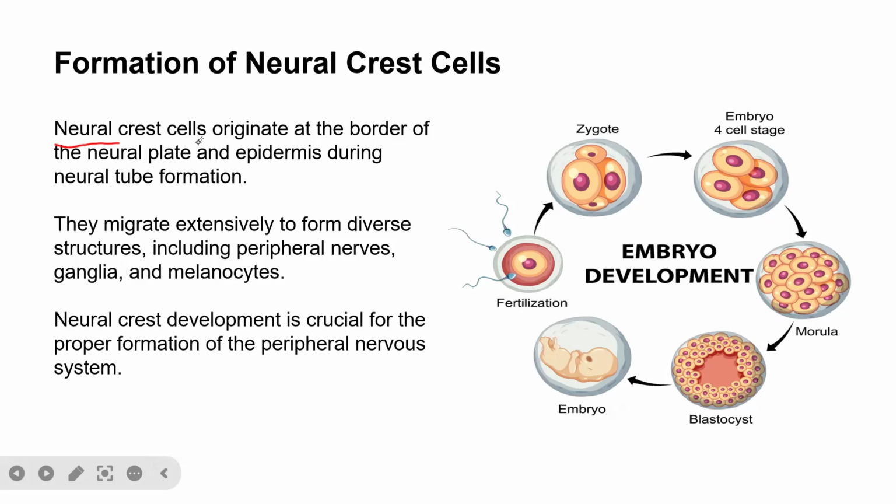So as you can see, the peripheral nerves, the ganglia, and melanocytes originate from the neural crest cells, which originate from the border of the neural plate. And then, of course, this neural crest development is crucial for proper formation of the peripheral nervous system. So you can see that the peripheral nervous system is generated from neural crest cells.